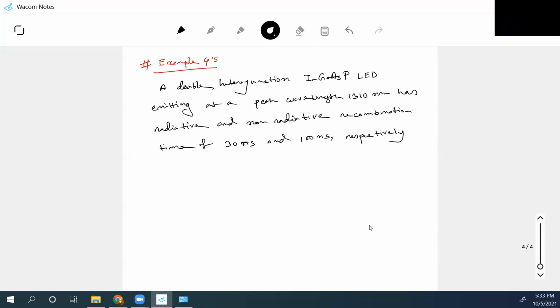Also the drive current is given: the current is 40 milliampere. Now, what is our tau?